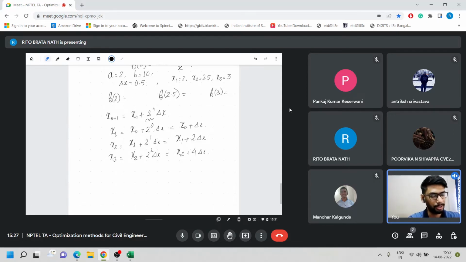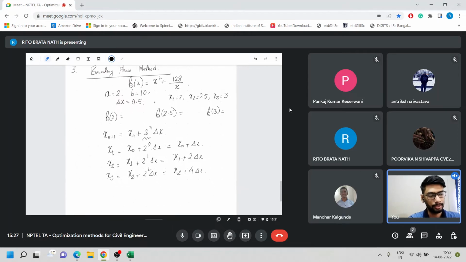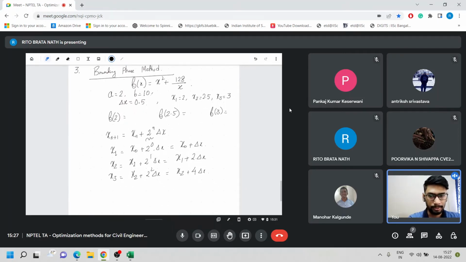That's the idea behind the bounding phase method. I'm not going into the detailed calculation for this problem again, because it will be pretty similar, and I have shown the calculations for the exhaustive search method already.